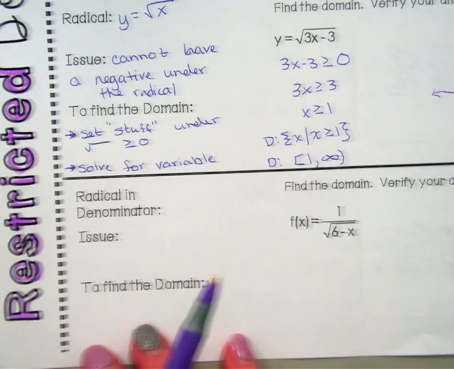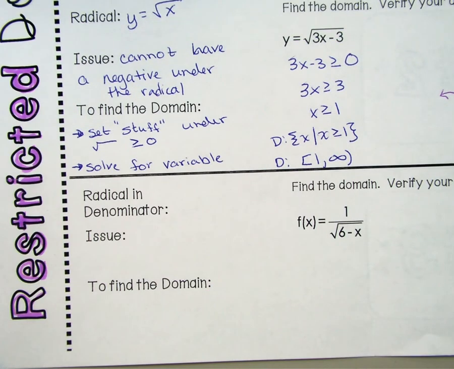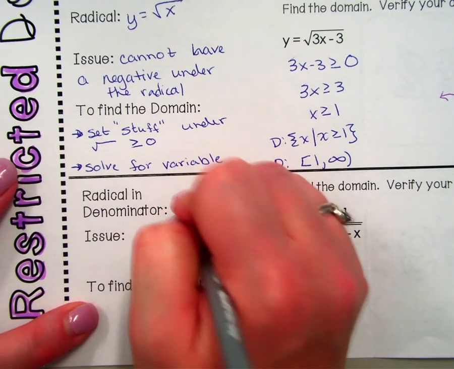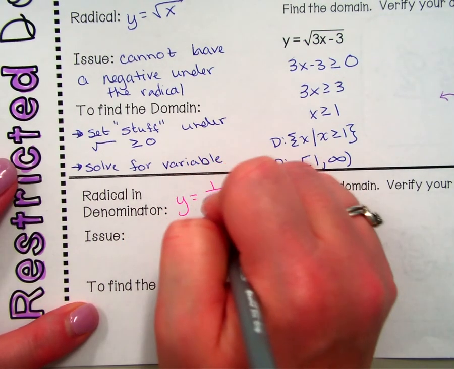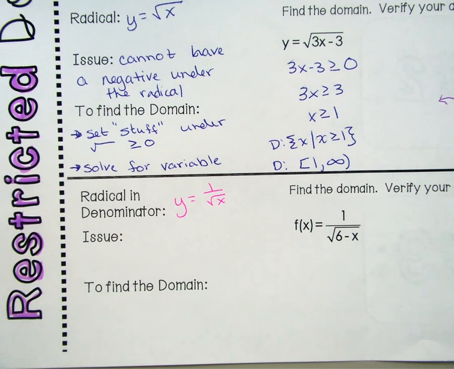So then our third restricted case is when you have a radical in the denominator. So 1 over the square root of x as an example. This really hits both problems. It's a fraction and it's a radical. So it's combining our last two situations that we just had.